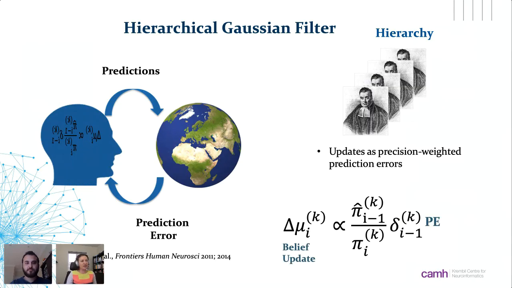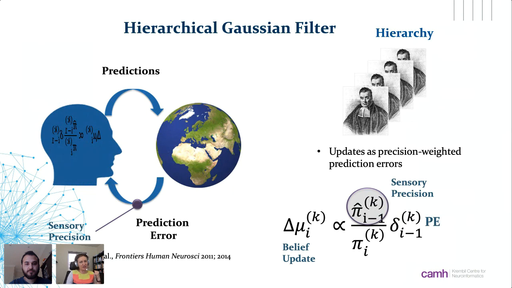According to this generic formulation of Bayesian inference, the belief update, the degree to which we update our model of the world, is proportional not only to a prediction error, this discrepancy between our model and the sensory data that we obtain, but also a ratio of precisions that determine the impact that prediction errors have on belief updates.